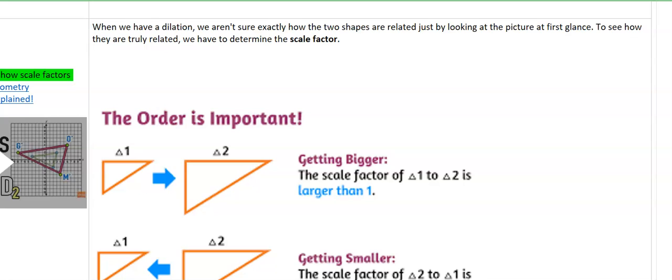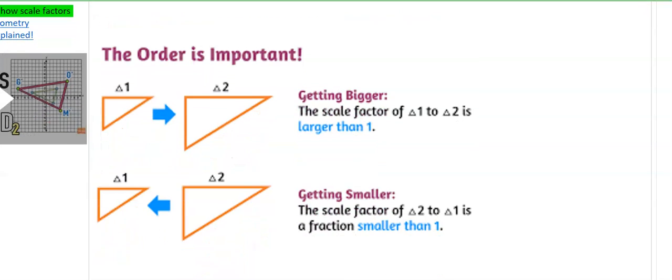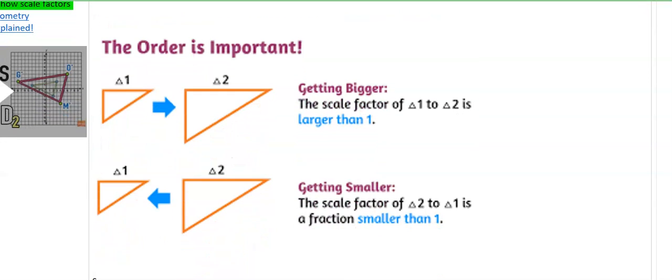So, when we have a dilation, we aren't exactly sure how the two shapes are related just by looking at the picture at first glance. But to see how they are truly related, we are looking at the scale factor. And the order is very important.